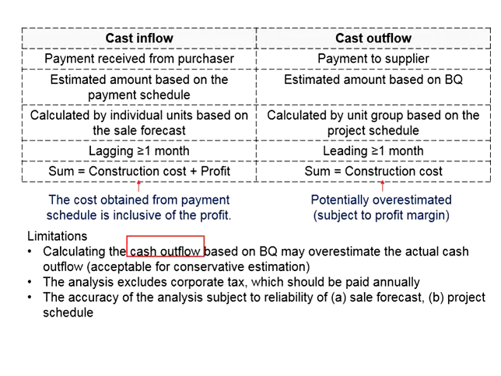First and foremost, our calculations of the cash outflow will be based on the bills of quantities. You know that the amount for the bills of quantity shall be inclusive of the construction cost plus the profit. Therefore, you know that you may have overestimated the actual cash outflow.